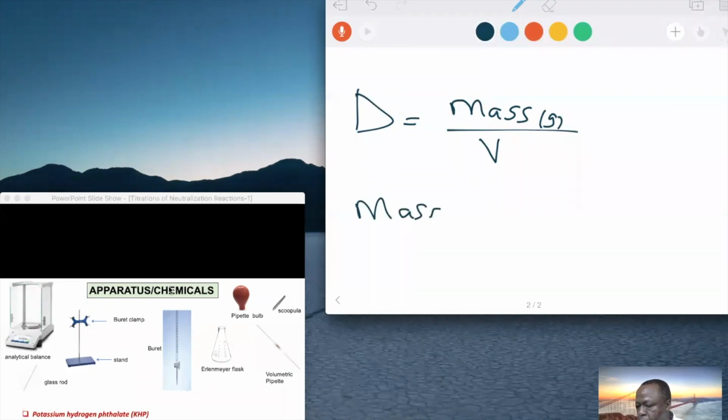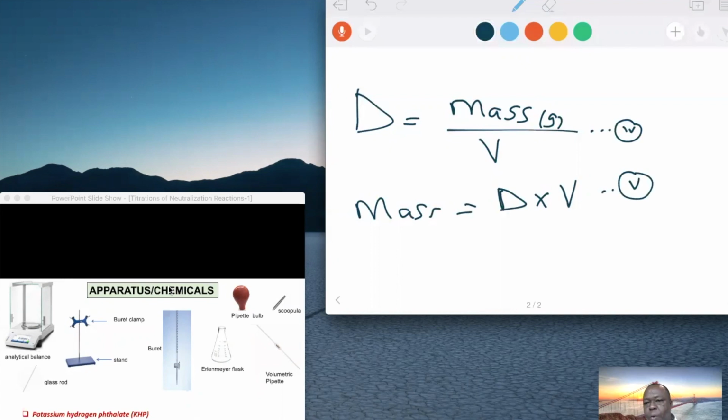Mass from the density equation is obtained by multiplying the density times the volume. It doesn't have to be in liters. Let me put this as 4. We have 5 here. These are 5 equations.